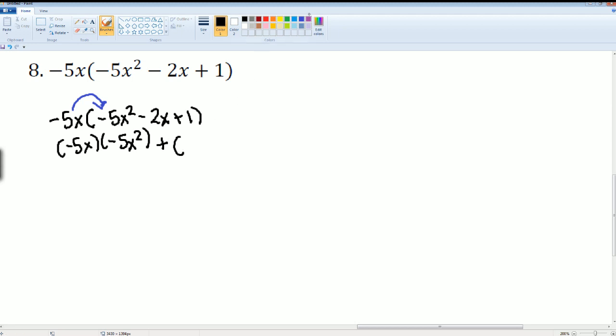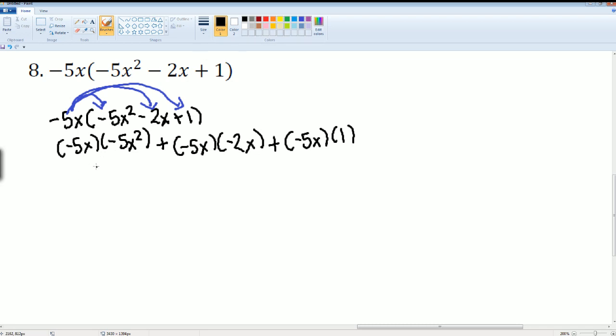Add negative 5x multiplied to the second term now: negative 5x times negative 2x, close the parentheses. Then negative 5x is going to be multiplied to the 1. So that's going to add negative 5x times 1.